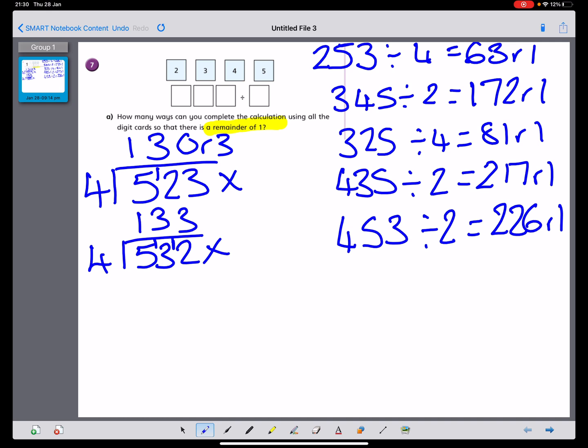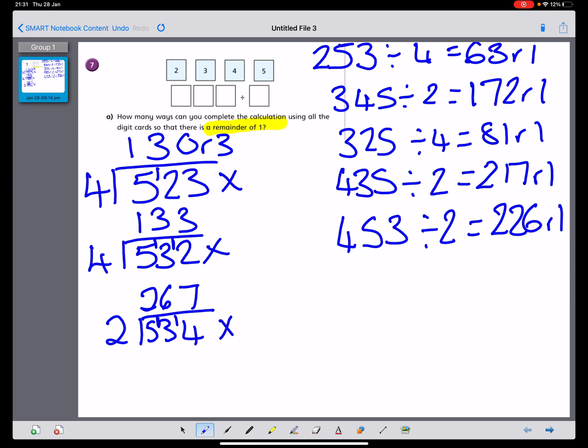Let's go now for 534. So I'm now needing the 2 to be my divisor. 2s into 5 go 2 with 1 remaining. 2s into 13 go 6 with 1 remaining. 2s into 14 go 7.